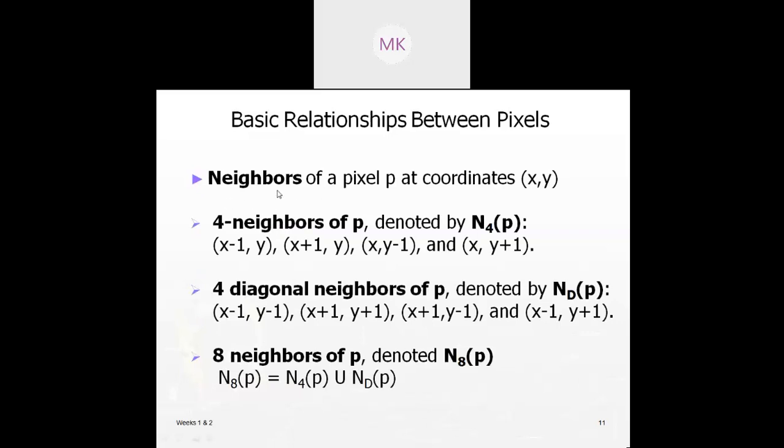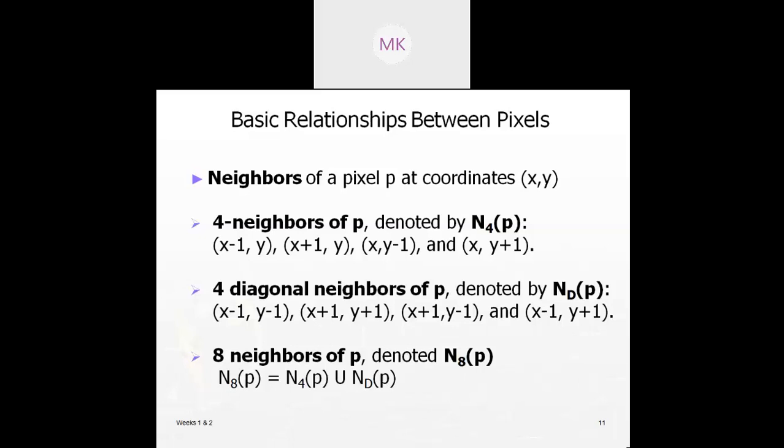So we need to consider neighbors. The neighbors of a pixel P at coordinates x comma y. We need to define the 4 neighbors of P, the 4 diagonal neighbors of P, and the 8 neighbors of P. The 4 nearest points of P are denoted by N4 of P. It is represented by x minus 1 comma y, x plus 1 comma y, x comma y minus 1 and x comma y plus 1.